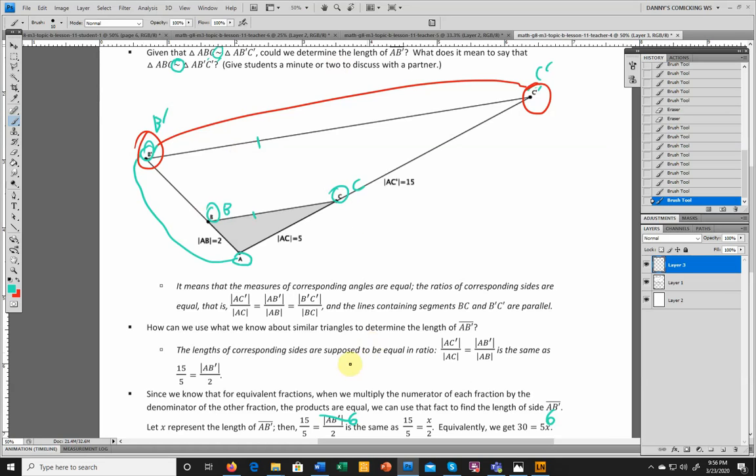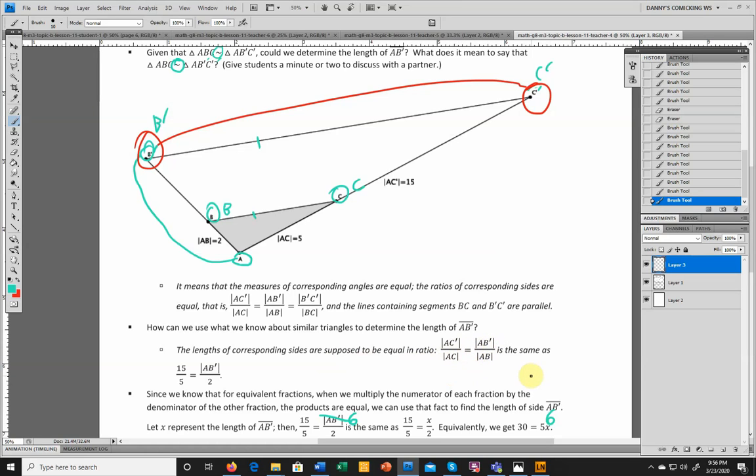How can we use what we know about similar triangles to determine the length of AB prime? The lengths of the corresponding sides are supposed to be equal in ratio. AC prime over AC equals AB prime over AB.